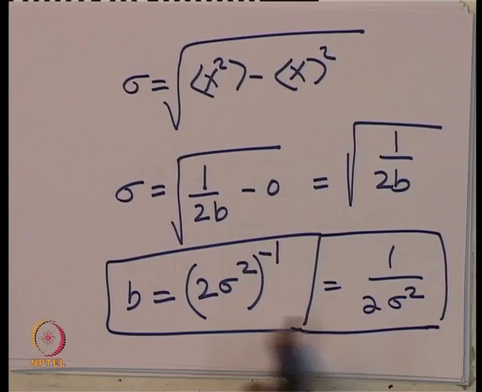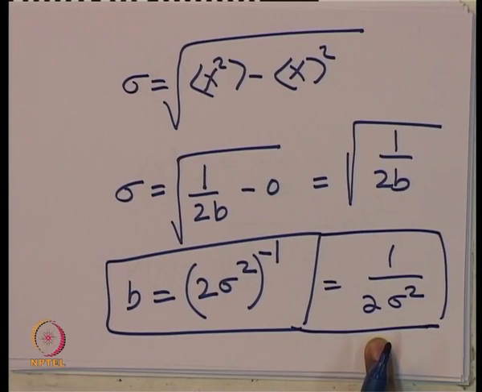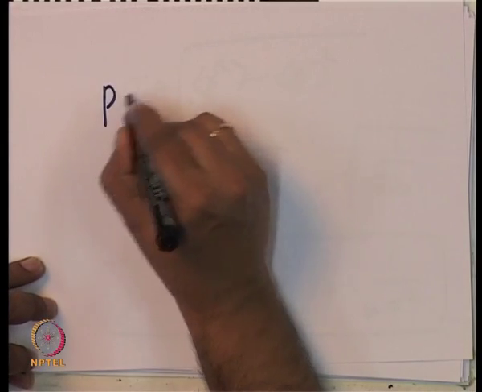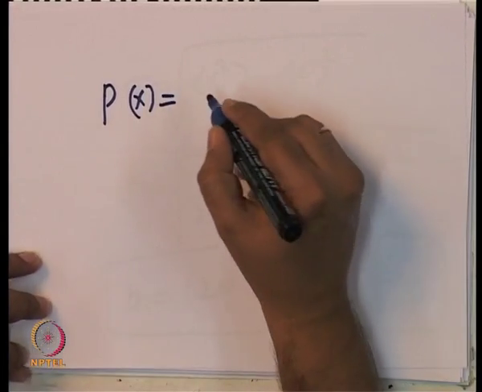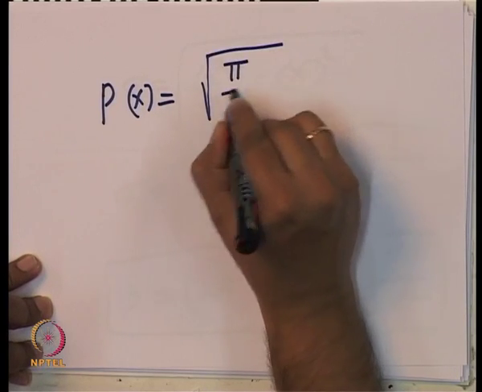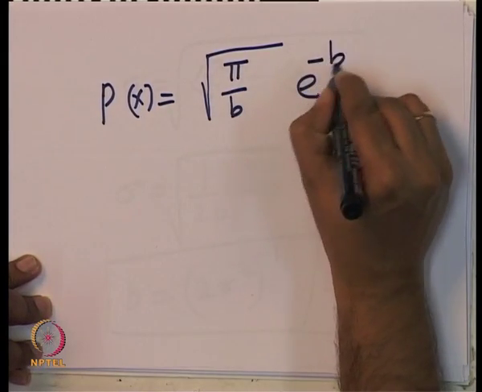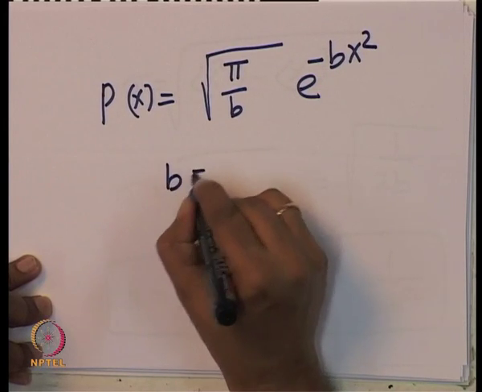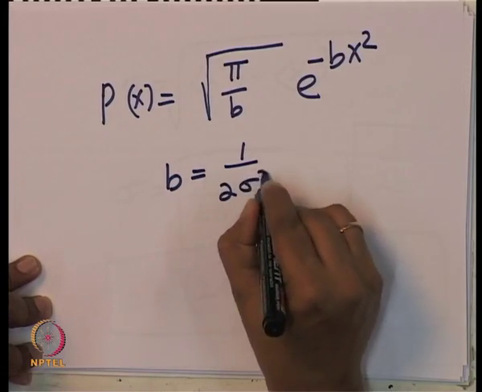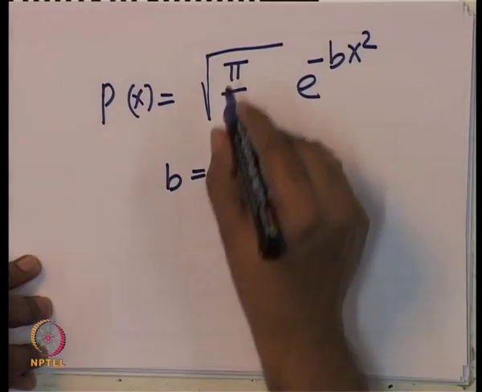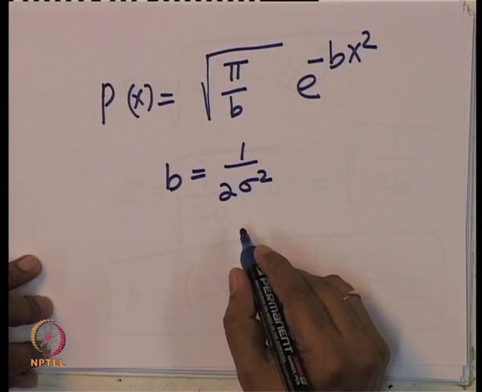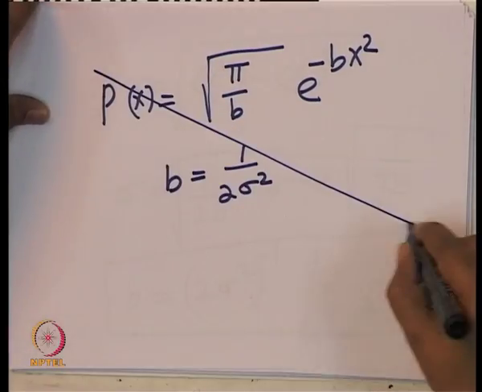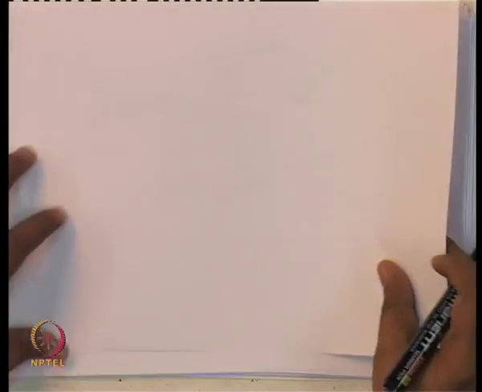Once you know the relation between b and sigma, we can look back at our function. What was p of x? P of x was root of b by pi e power minus b x square, and we just found that b is equal to 1 over 2 sigma square.